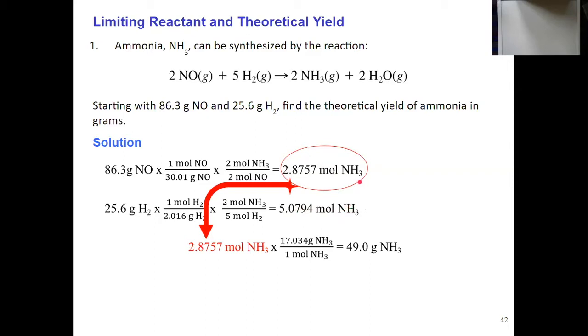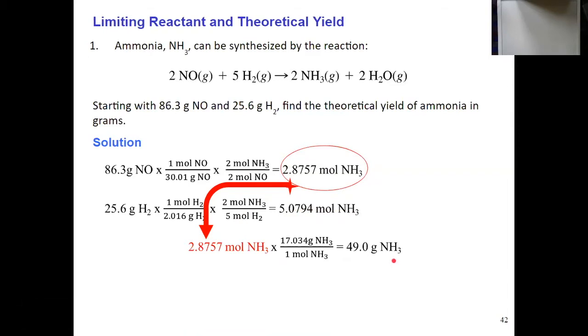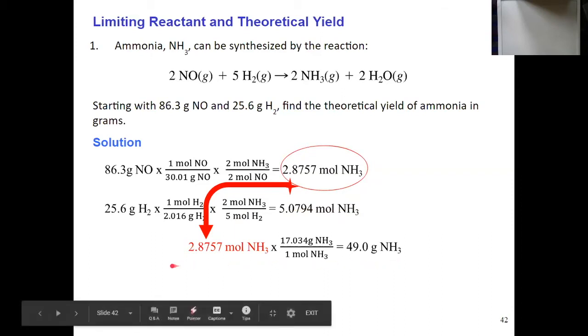I'm also going to right away take this theoretical yield value that's in moles and convert it into grams of ammonia. And I'll explain why once we get to the percent yield calculation part. But it's good to have your theoretical yield value in terms of both moles and grams, okay? Because you need both of those numbers. And you can just go back and forth between those two values using the molar mass from the periodic table.